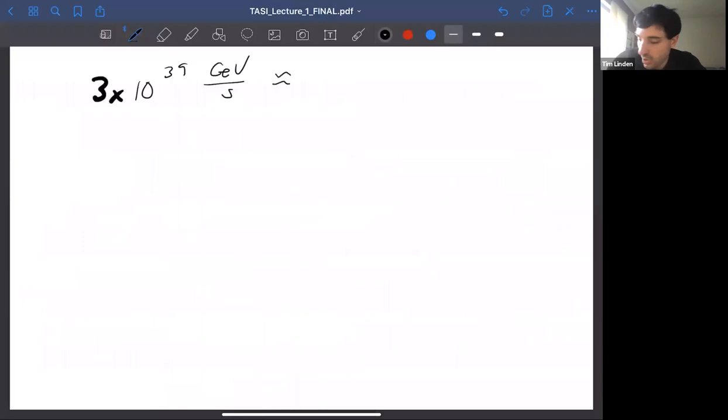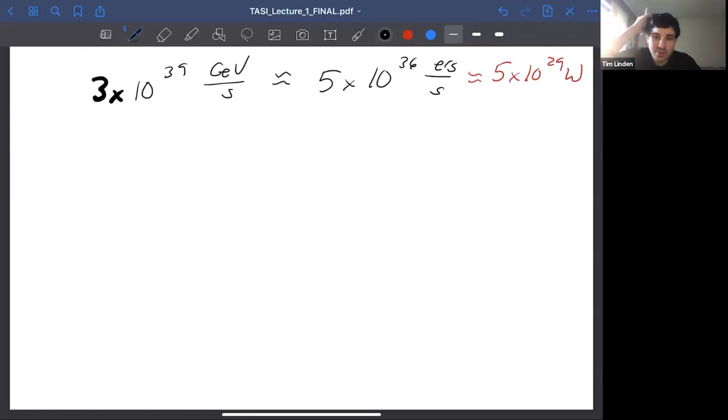And if you convert this into astronomy units, multiplied by 20 again, this is about 5 times 10 to the 36 ergs per second, which is a random astronomy unit, and which is also equal to 5 times 10 to the 29 watts, if you want to go back to physics 101 SI units.